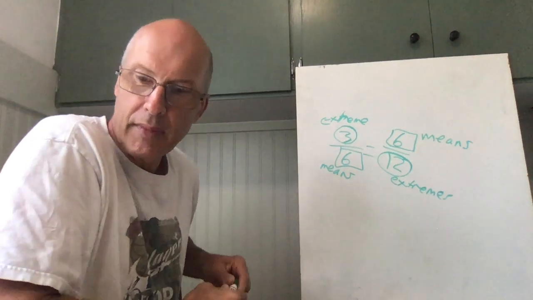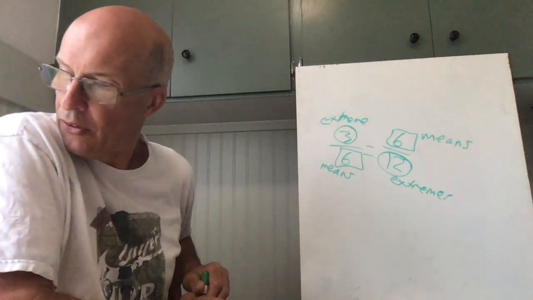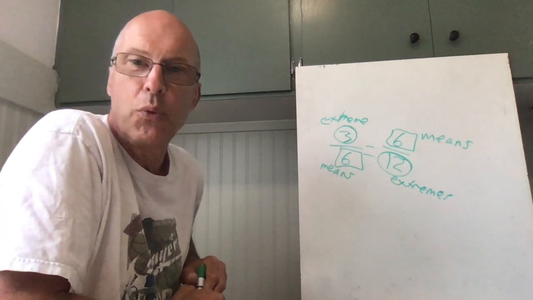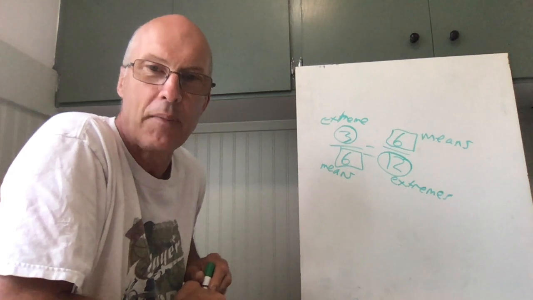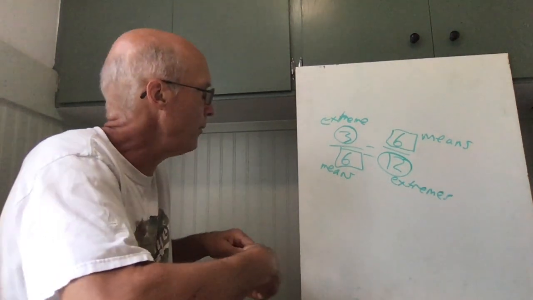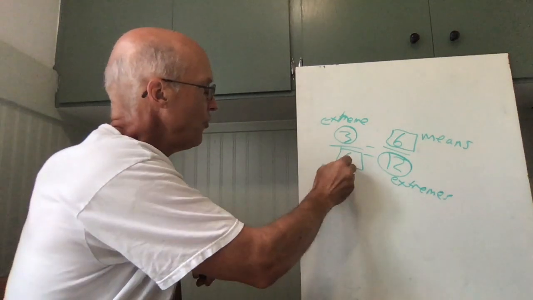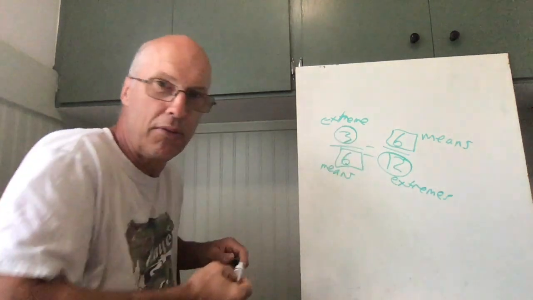So the geometric mean is when the proportion has the mean that's the same number, and the one I set up here is that way. So 6 would be the geometric mean in between 3 and 12.